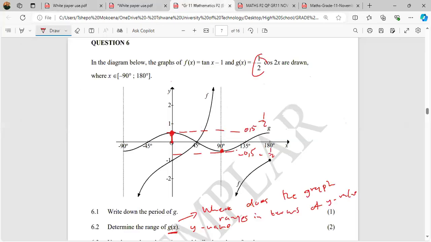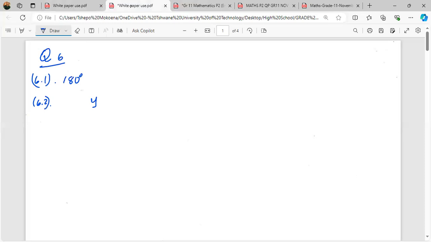Remember, it is less than positive 1/2 because we are going down. It's going to be less than or equal to 1/2, but greater than or equal to, you see, why am I saying greater than or equal to? Because I am including that 1/2. Equals to means I'm including it.